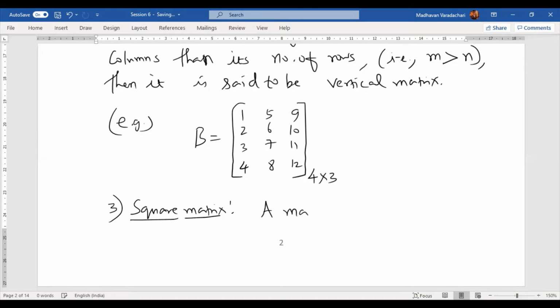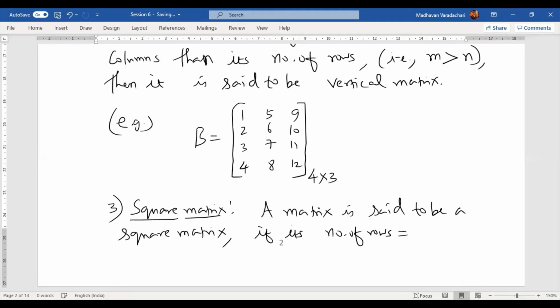A matrix is said to be square if it has the same number of rows as columns. A matrix is said to be a square matrix if its number of rows is equal to its number of columns, meaning m is equal to n.